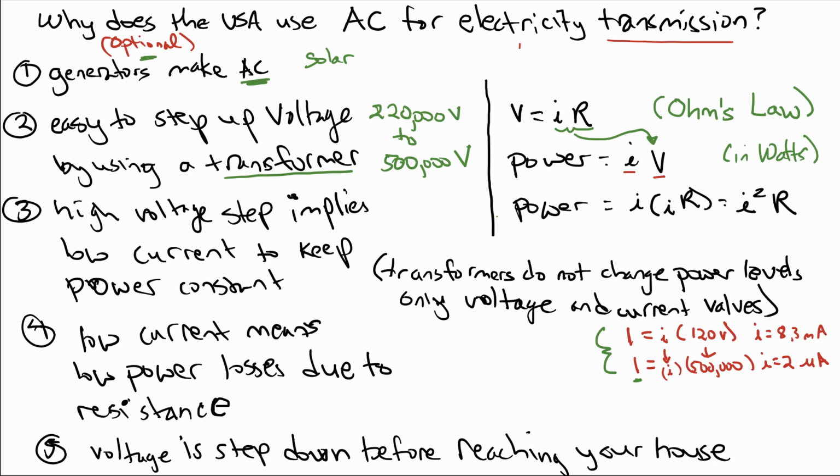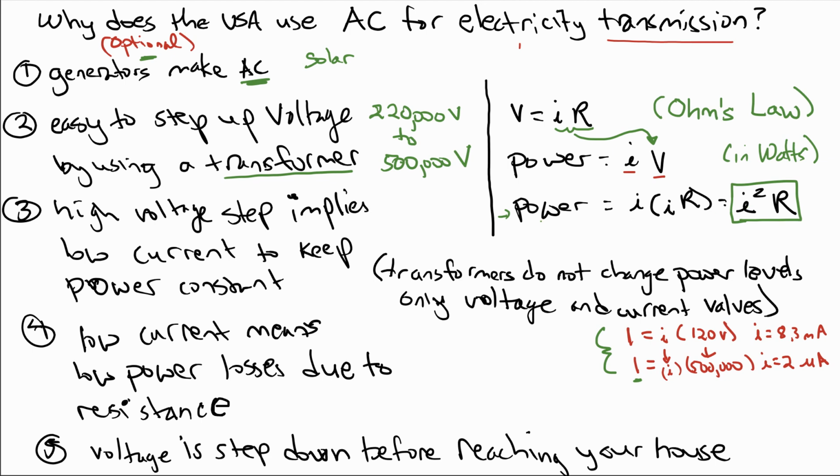And I put this second formula here, which is just from Ohm's law, which I previously said is that the voltage is equal to the current times the resistance. And I already told you what the power was. So if you just substitute in this for V, then you could say that the power is I squared times R. And so now we have a much smaller I here.